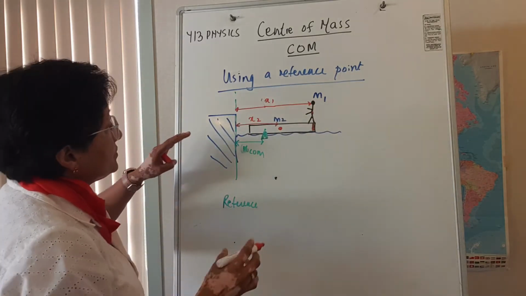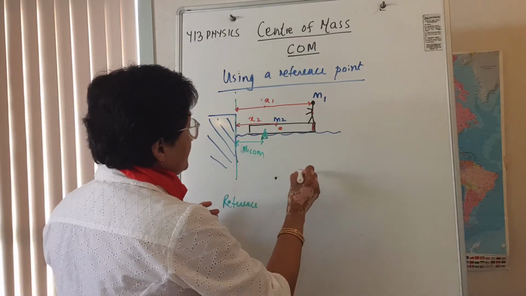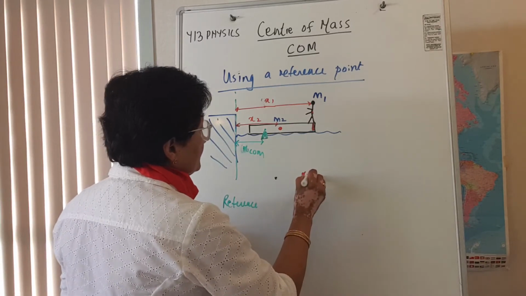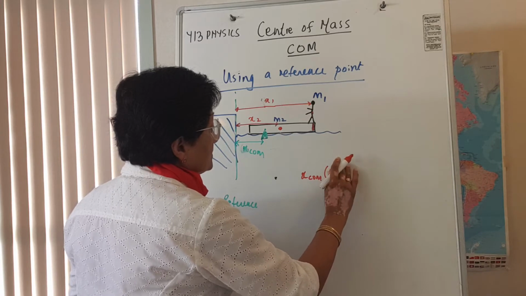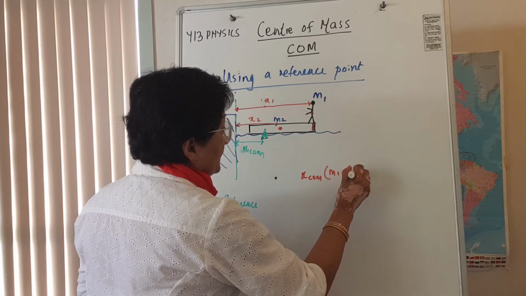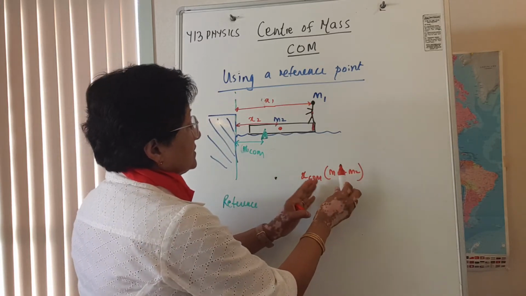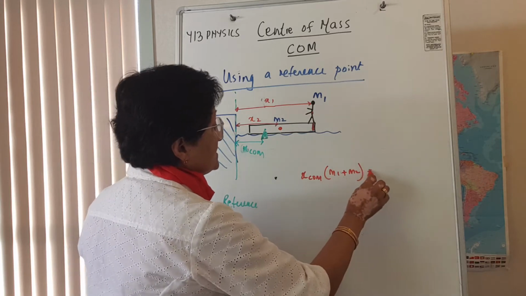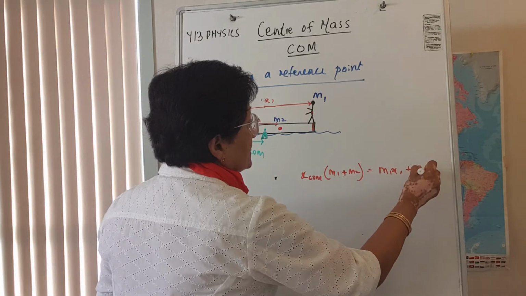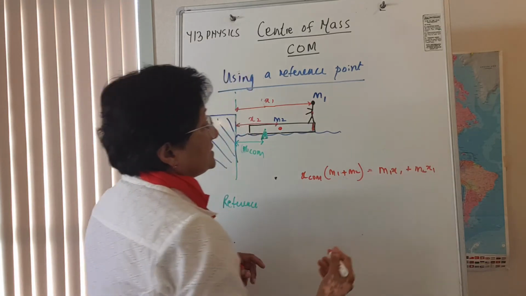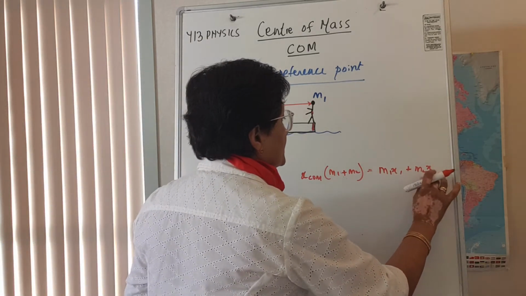Okay, so the center of mass of the system itself times the total mass. So that is the total mass times center of mass of the system is equal to the individual masses and their distance from the reference point.